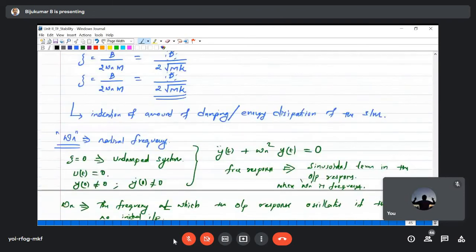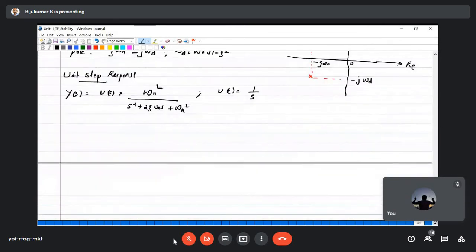So we can write Y of s is equal to omega n square divided by s multiplied by s square plus 2 zeta omega n s plus omega n square.